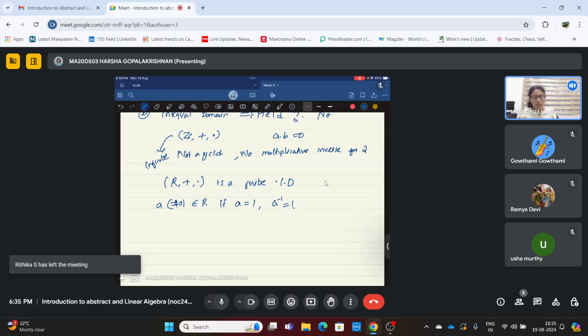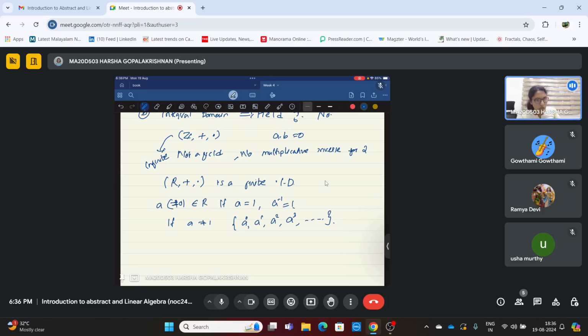Now suppose A is not the unity, some other element. Now we will consider all the powers: a power 0, a power 1, a power 2, a power 3, etc. Now this is going to be an infinite collection, a0, a1, a2, a3, etc. But what we know is that this is closed under multiplication.